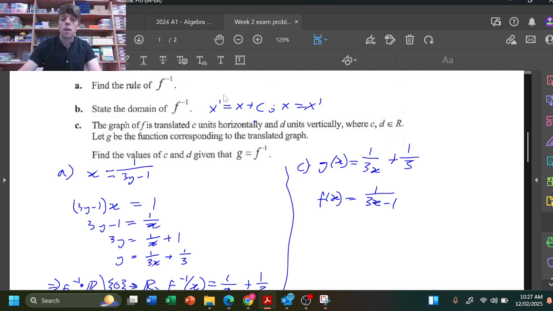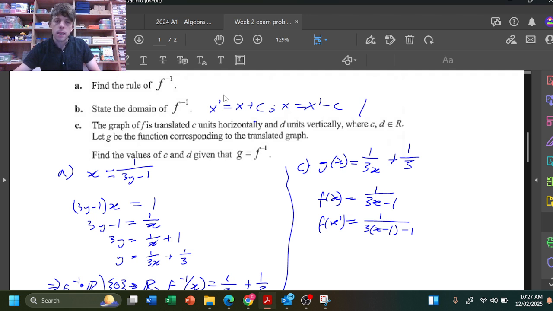We can write this as the old x is equal to the new x minus c. So let me just substitute that into here. So I want to write this in terms of the new x. So f in terms of the new x is equal to 1 over 3 of x minus 1, minus 1. So when you see function notation written like this, the x minus 1 means a translation in the positive direction. I've just replaced the x with the x minus 1 there.